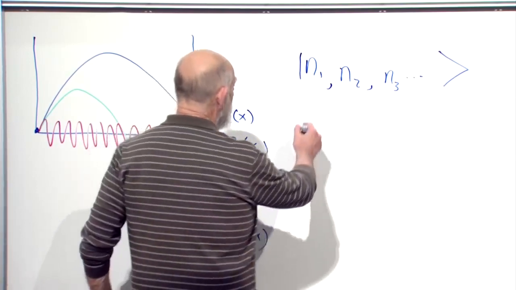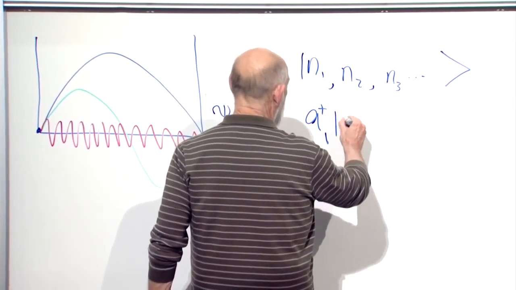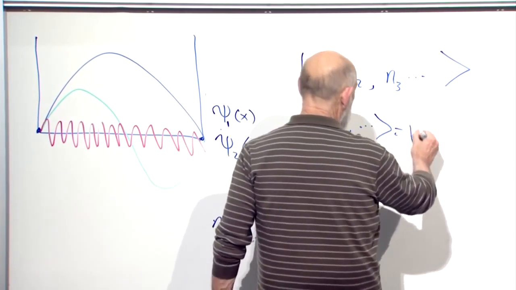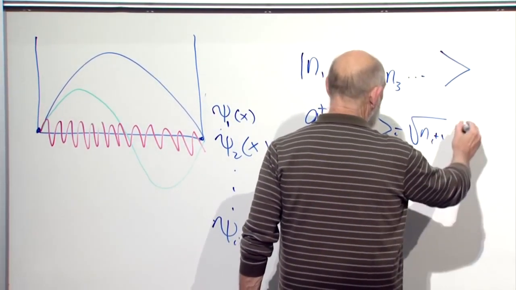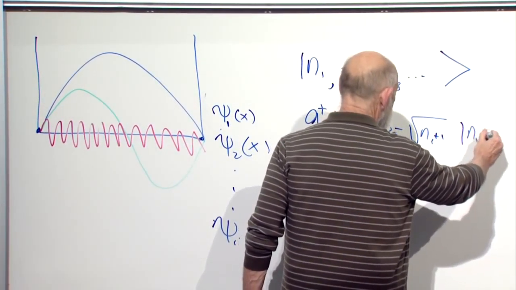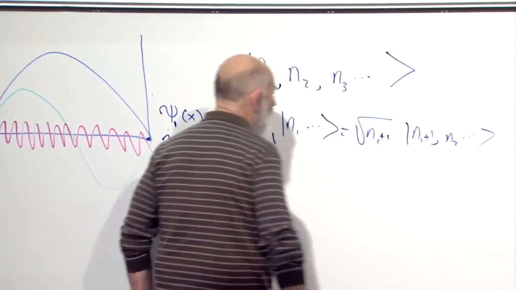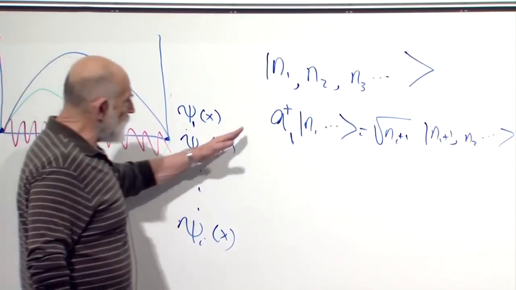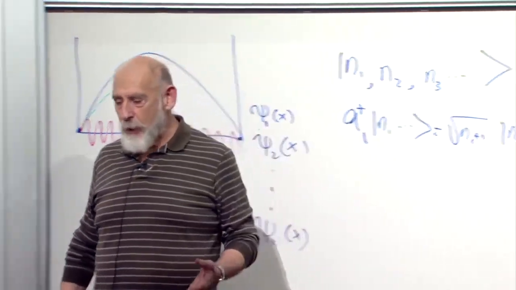For example, a plus on n1, dot dot dot, gives me square root of n1 plus 1 times n1 plus 1, n2, n3, and so forth. It increases the number of particles in the first state. Whatever it was, it adds 1 and multiplies by the standard square root.